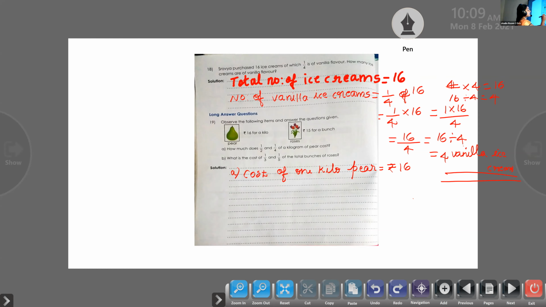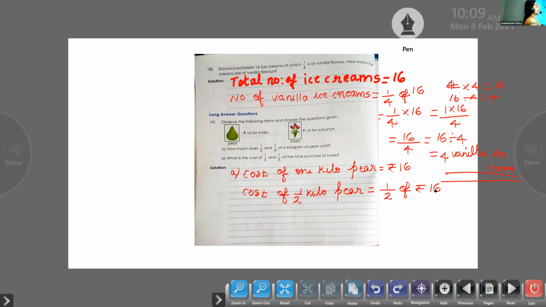So, next step, cost of half kilo pear is equal to 1 by 2 of rupees 16.